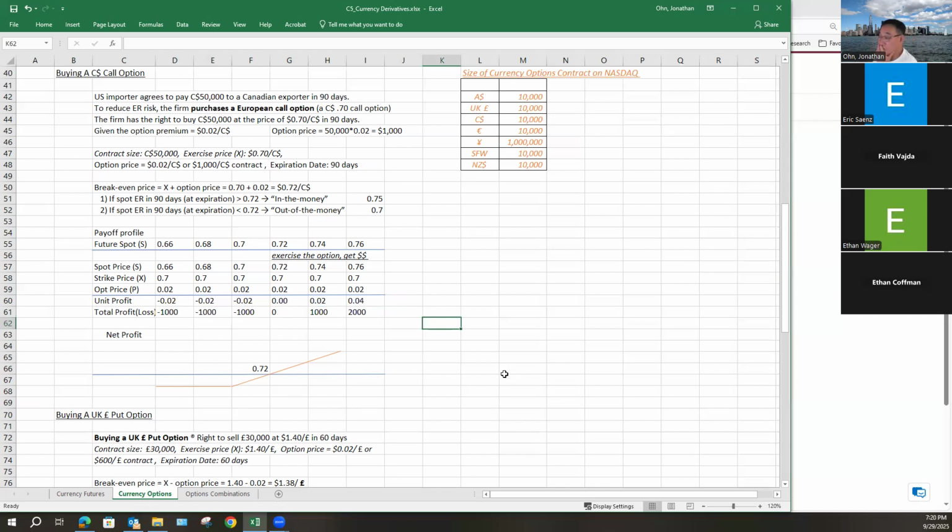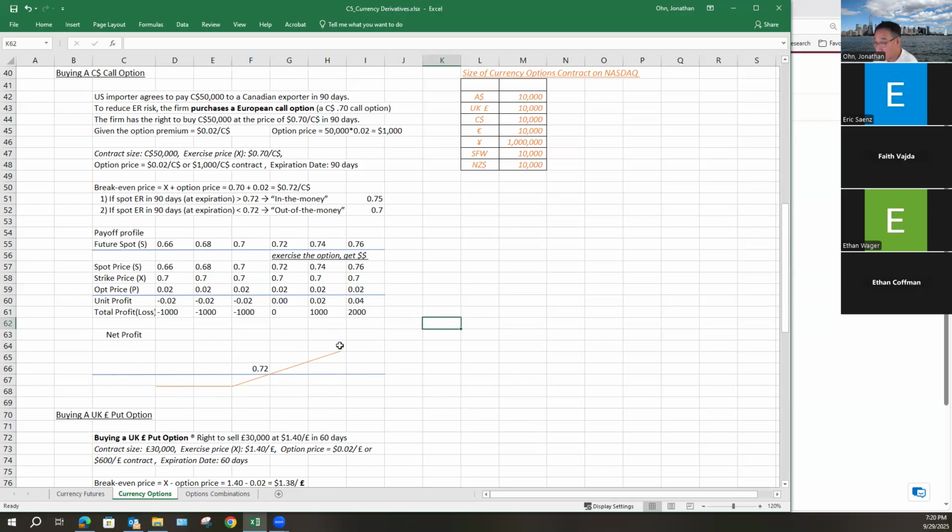So if you look at it this way, when you are in the money, you get the profit, right? When you are out of the money, you don't do anything. You just pay the option price. Okay. So the net profit schedule, graphically, is this one.